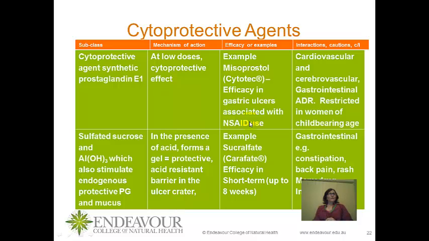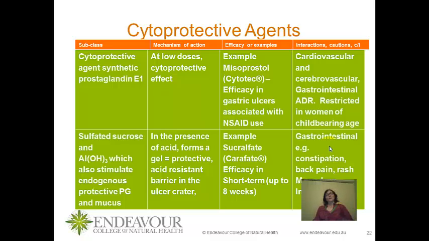Sulfated sucrose is abbreviated then to sucralfate, sold under the brand names Carafate and others, but once again effective and efficacious, but it should only be used for short-term therapy to resolve symptoms. Once again, serious adverse effects. There will be many drug interactions because they are aluminium hydroxide.